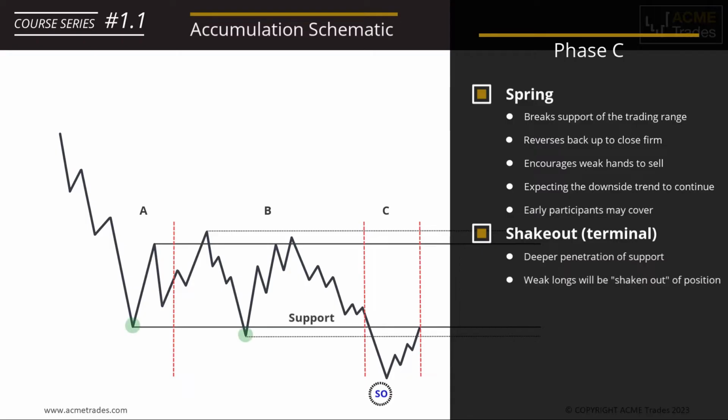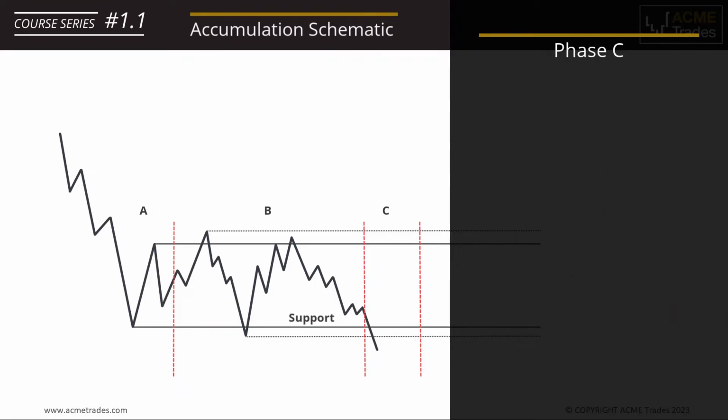If they're long from over here, for example, it would also induce a bear trap of sorts, because this would be such a large penetration of a support level. You will have a lot of breakout traders to the downside who are expecting lower prices. Yet, as price returns, these short players are caught off guard. They're now in a poor position.